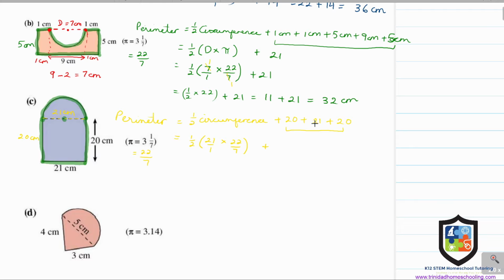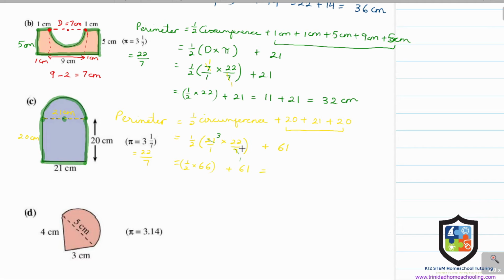And we are adding, let's find the sum of this. This is 2, 4, 60 plus 1, that's 61. Okay. So I could cancel. 7 divided by 7 is 1. 21 divided by 7 is 3. 3 by 22 is 66. And then we have our half to multiply by, plus the 61.